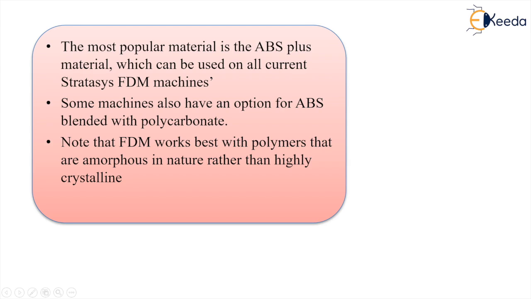Note that FDM works best with polymers that are amorphous in nature rather than highly crystalline. This is a very important thing. You should note that the fused deposition modeling technique works best for polymers that are amorphous in nature rather than highly crystalline material.